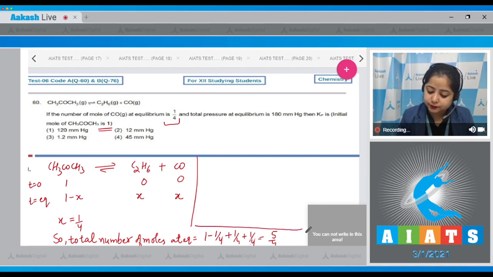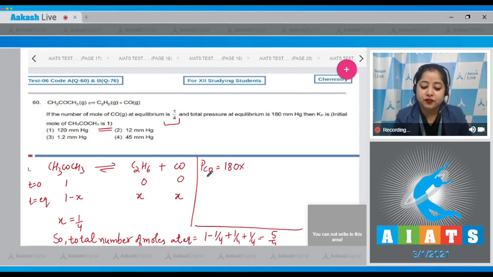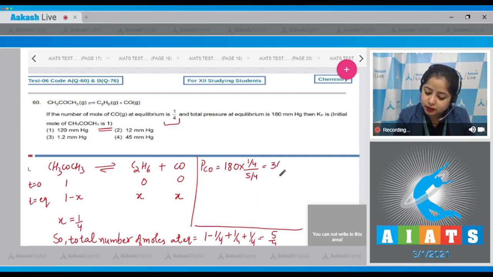Now student, we need to calculate the partial pressure of all the three gases at equilibrium, and then we'll be able to calculate the Kp value. So I'm calculating the partial pressure of CO first, which is mole fraction of CO multiplied by total pressure. Total pressure is 180 multiplied by mole fraction of CO, that is number of moles of CO upon total number of moles, which is 1 by 4 upon 5 by 4, which is equal to 36.